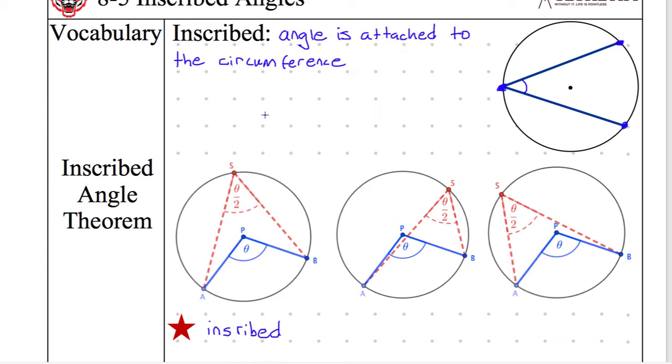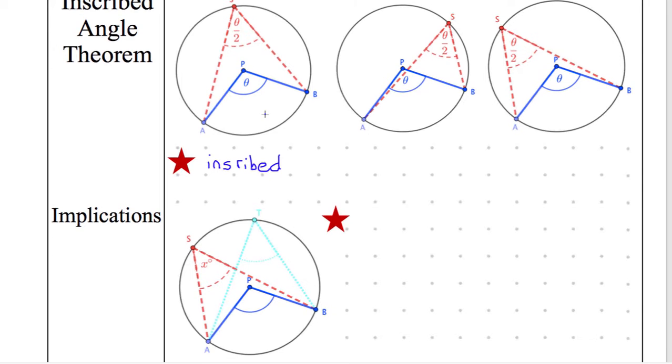Jaden's still writing. Other people are still writing. All right, and scrolling down. All right, so inscribed. Is that better? Inscribed angle is 1/2 of central angle.